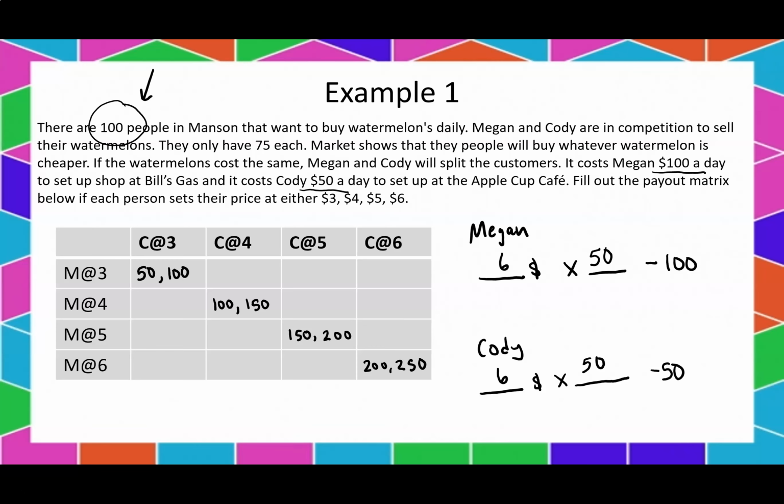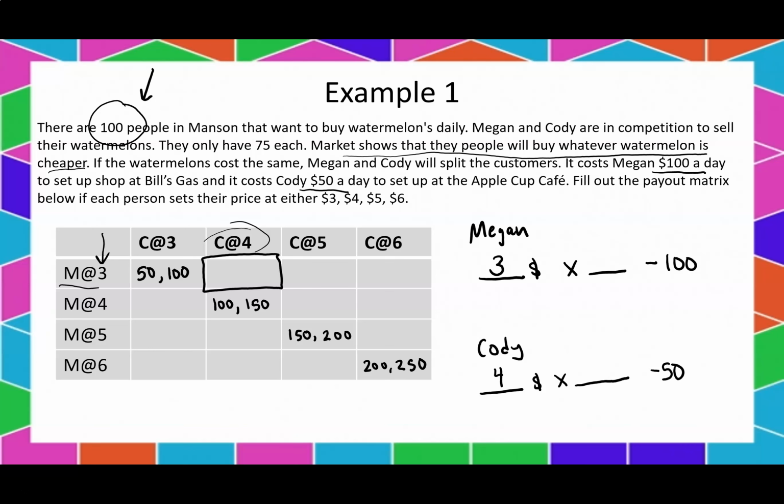Okay, now let's go ahead and hit this one right here. If Megan's setting at $3 and Cody's setting at $4, what happens? Well, people are going to go and pay Megan for the watermelons because remember, market shows that people will buy whatever watermelon is cheaper. So if Megan sets at $3, hers is cheaper than if Cody sets at $4.